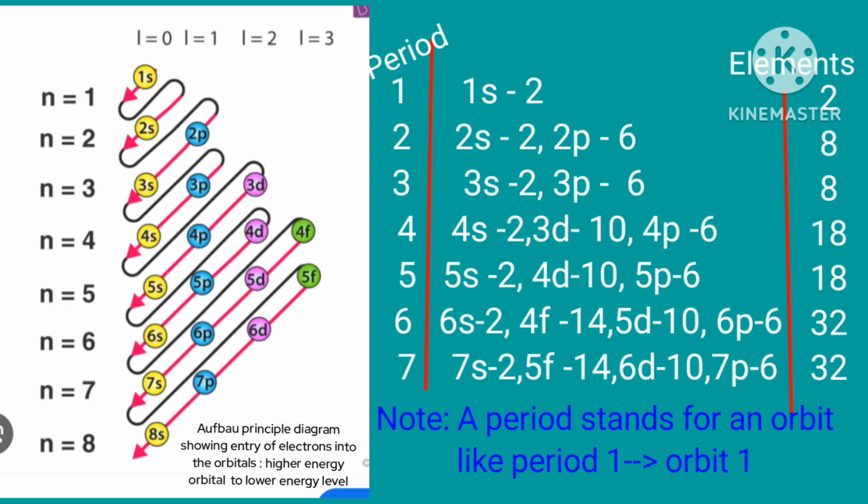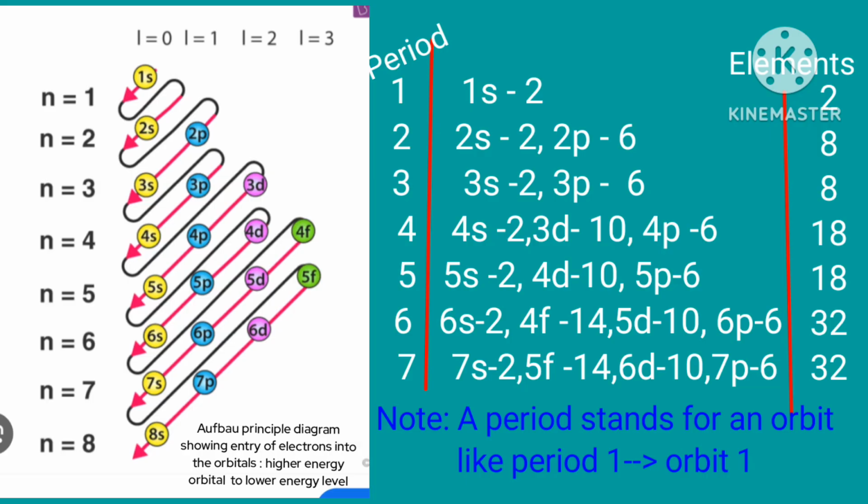So 10 electrons can enter to form 10 elements, and then electrons enter into p orbital. P has 3 orbitals and space for 6 electrons. As 6 electrons enter, we get 6 elements. So in total, you have 2 plus 10 plus 6, 18 elements.